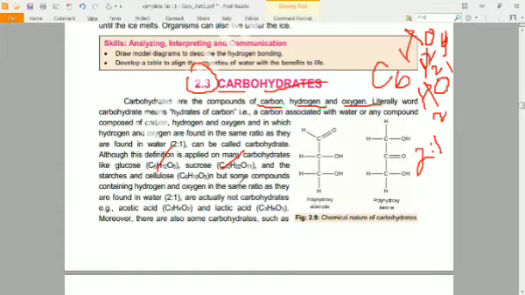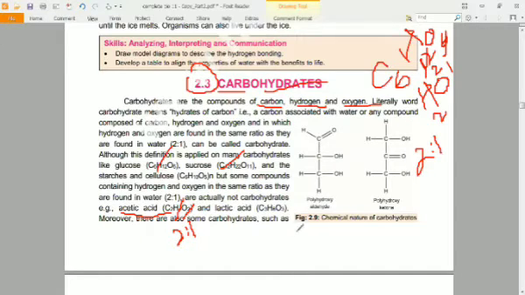Like in cellulose and starches, they are carbohydrates. But if we talk about acetic acid, it is also present in 2 to 1 ratio, like 2 ones are 2, 2 twos are 4. But acetic acid and lactic acid are not carbohydrates.